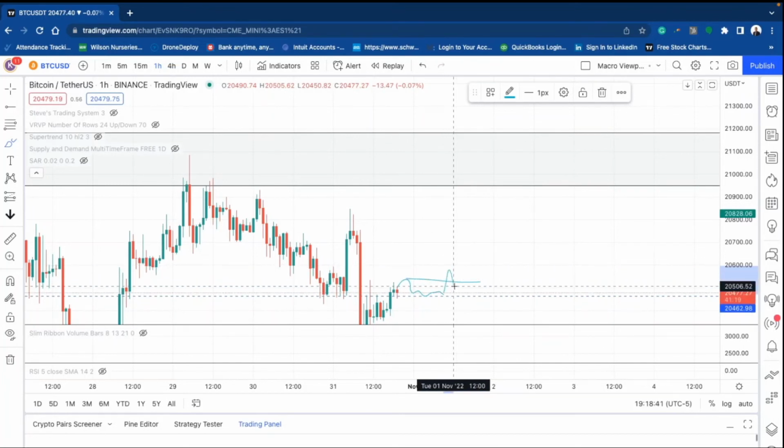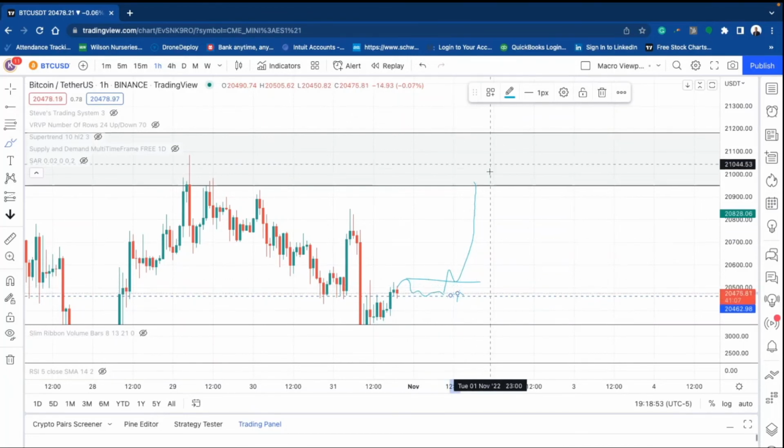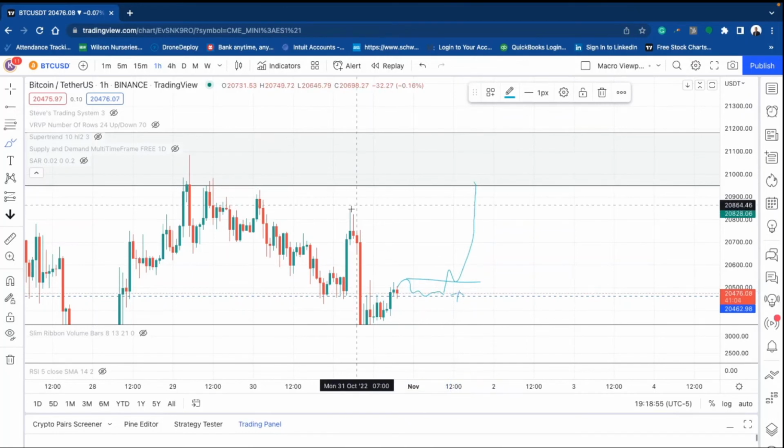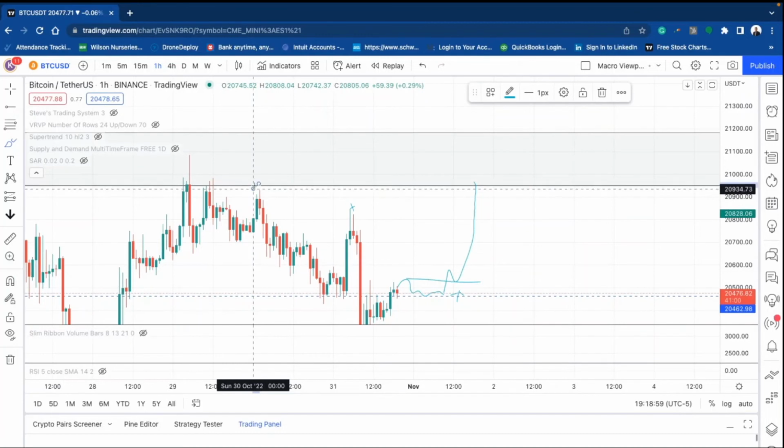Break the high, retest, boom, clear some of these stops on the way up. So this retest of new structure would be my entry, and I would take the long, probably either take out these shorts or to take out some of these shorts here.